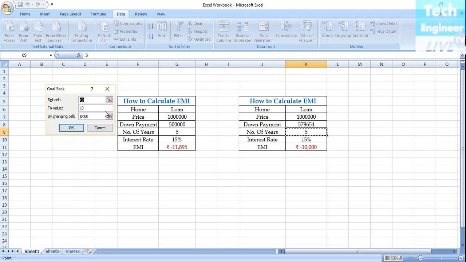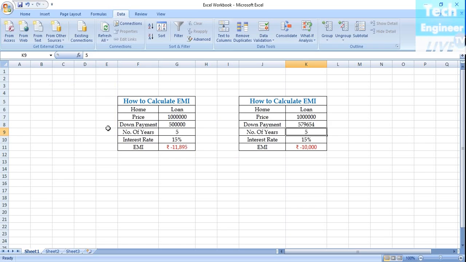Logically it may not work, but for example, if the down payment is 5 lakh, and I say I just want to pay 2.5 lakh only, this is what I need to pay in EMI, which is 17,842.